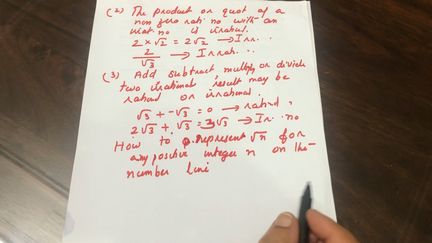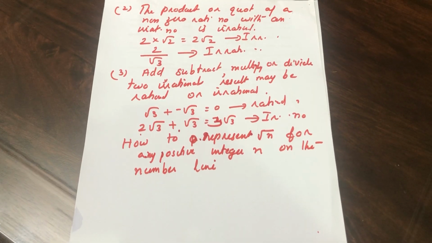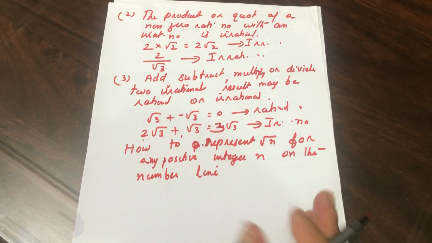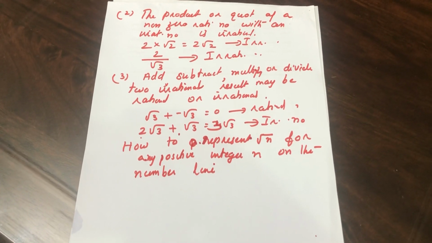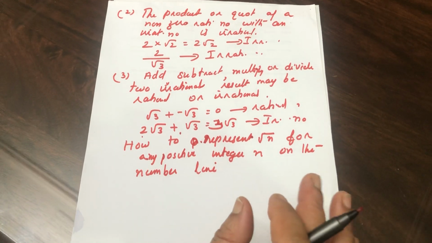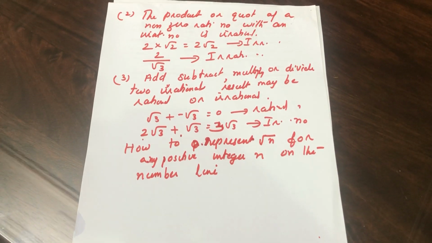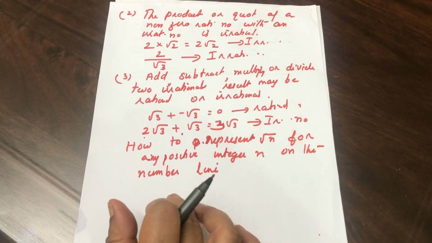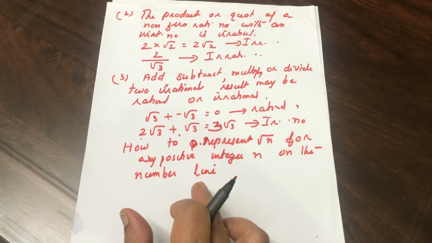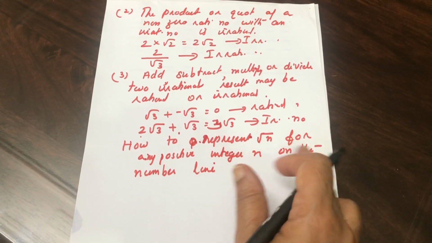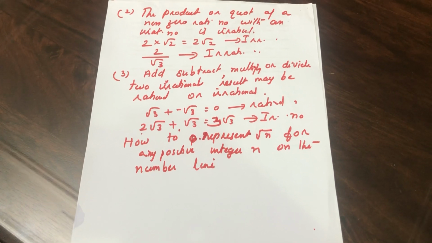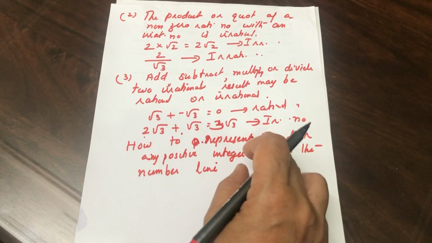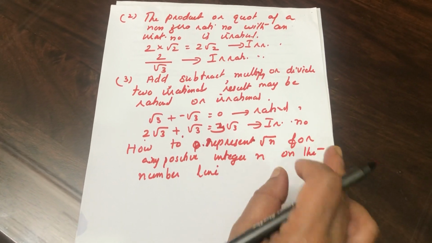You have learned root 2, root 3, root 5, etc., how to represent them on the number line, and you know how to mark rational numbers on the number line. So now generally we are going to learn root n, where n is any positive integer. How to represent this on the number line.